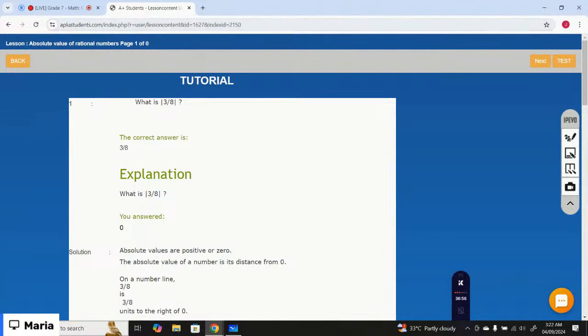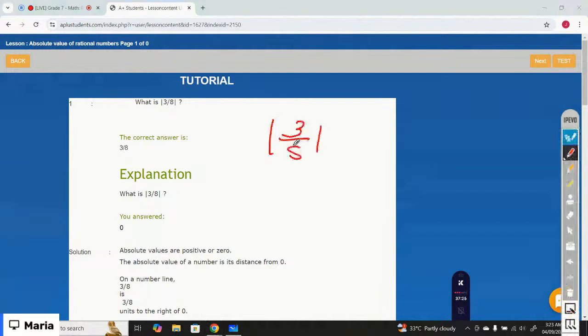What is the absolute value of 3 by 8? The first thing you need to learn is what absolute values are. Absolute values are positive values or 0, right? Whatever number you are given, the answer is always a positive number. These two lines mean the absolute value. You need to find this number, right? So the absolute value of 3 by 8 is 3 by 8, because 3 by 8 is already a positive number, right? So the absolute value is a positive number.